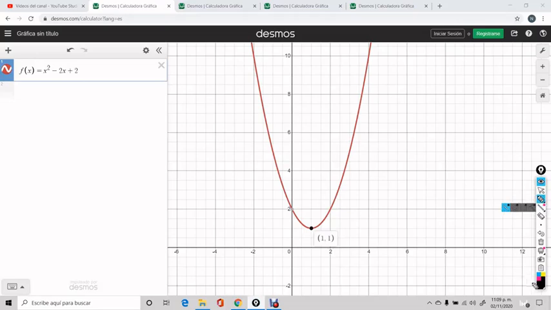What would be the approach to follow? Well, the approach to follow is this. What you want to find is basically those numbers along the x-axis, in this case 1, for which you have a tangent to the function which has a slope equal to 0. Why? Because of what I explained before.